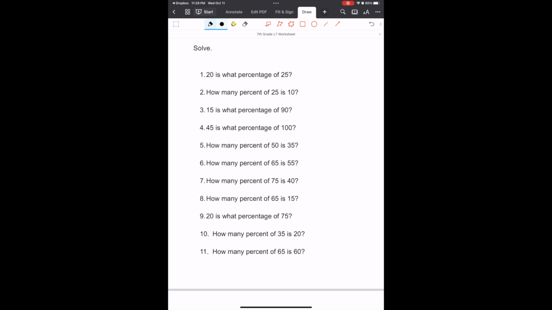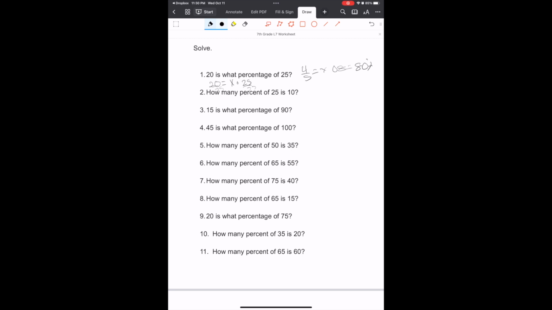So 20 is equal to blank percentage times 25, right? So you could just divide 25 from both sides, and then you get 20 over 25, or 4/5, is equal to x, and 4/5 is the same as 0.8, or 80%.